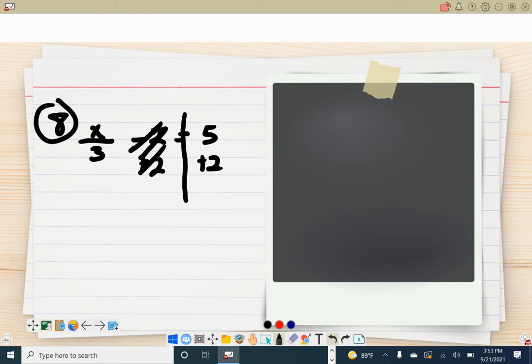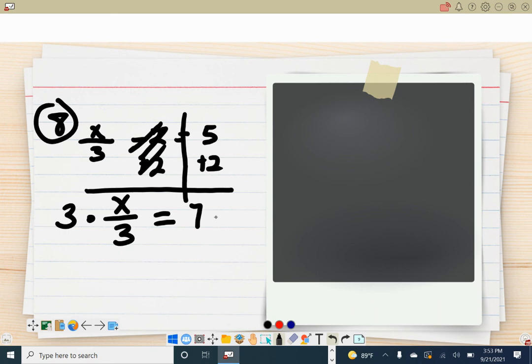Canceled. X divided by 3 equals 5 plus 2 gives me a 7. Divided by 3, you're going to solve by multiplying by 3. Cancels. X equals 21.